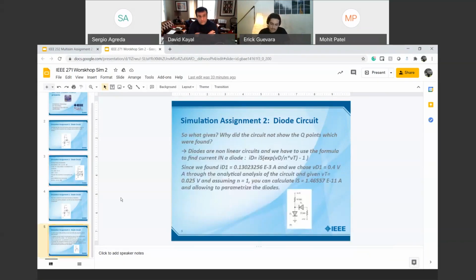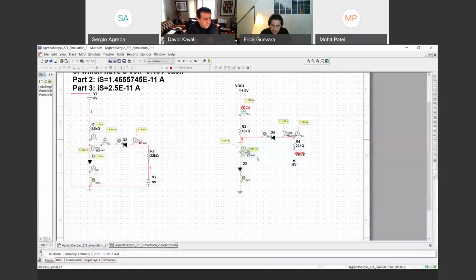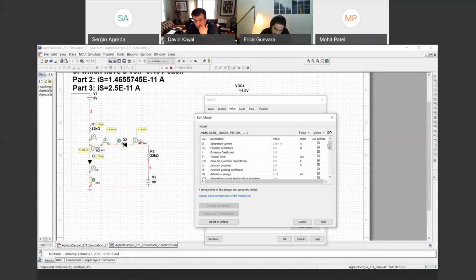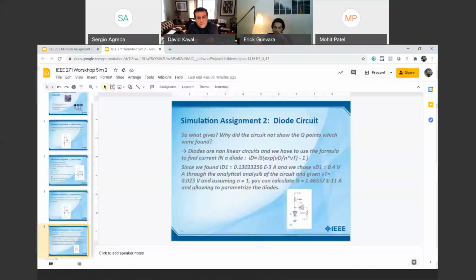We'll put that in this equation, and then we just have to find our saturation current, which is a variable that can be played around with in the model of this virtual diode. You can edit them in Multisim. So this is the saturation current, which is chosen by industry. We want to use this current for the current seen by the diode, and this voltage to be the voltage drop across the diode.